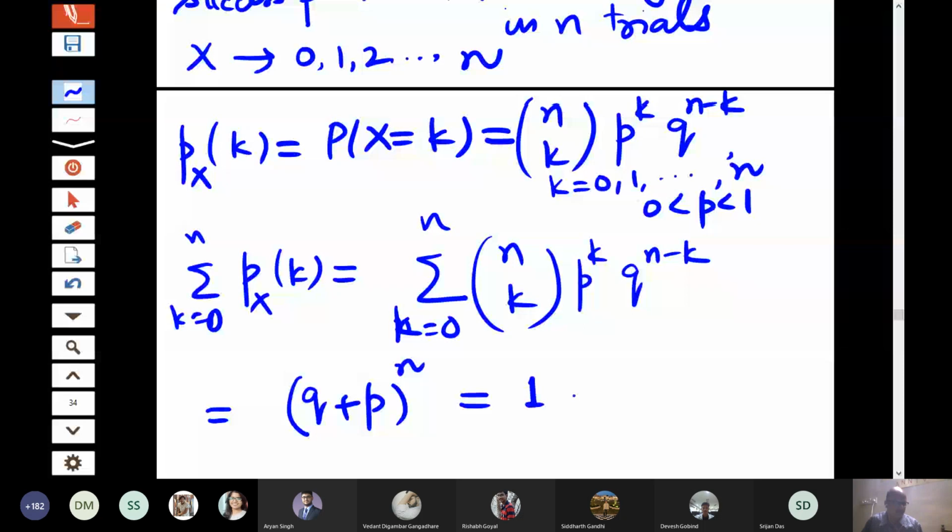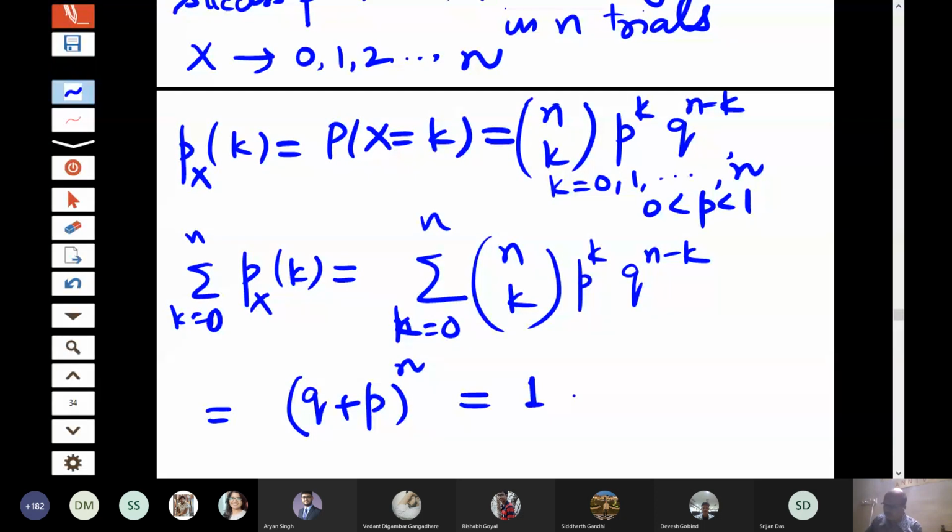I had mentioned in the first lecture the name of certain mathematicians named Bernoulli. It is a family of mathematicians, basically Swiss scientists. There were many of them, Jacob Bernoulli, James Bernoulli, etc. It is named after that family because they were the first to analyze this distribution.